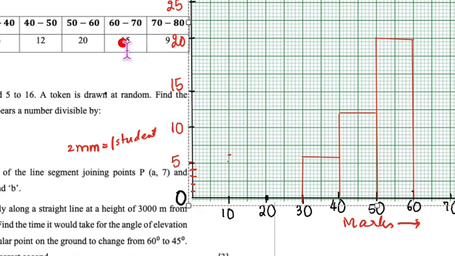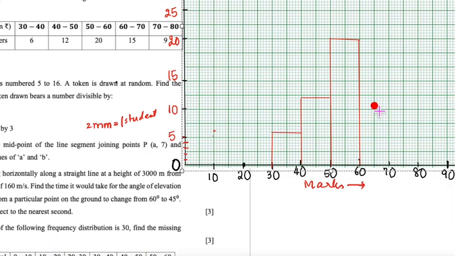Our next value is 15 students, so we draw the horizontal line at 15 students. Now we draw the line vertically downwards. Our next value is 9 students. So from 10 we will come down 2 divisions, draw the horizontal line, and a vertical line downwards up to 80.